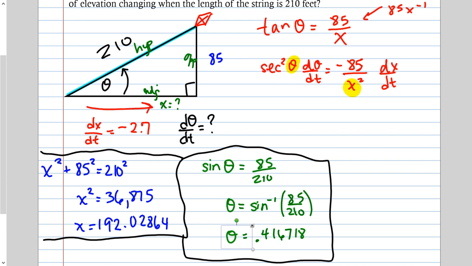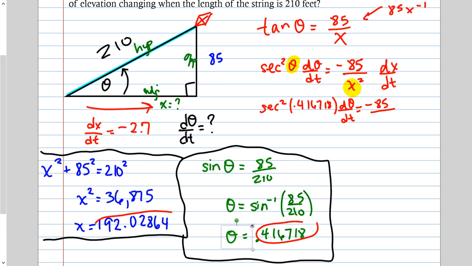I can plug this stuff in. So secant squared of 0.416718, d theta dt equals negative 85 over, let's see, what was x?